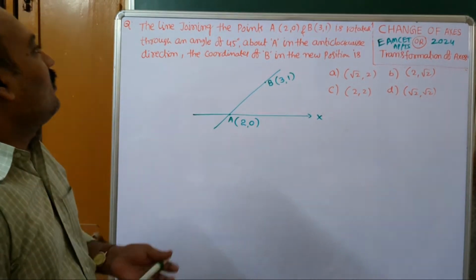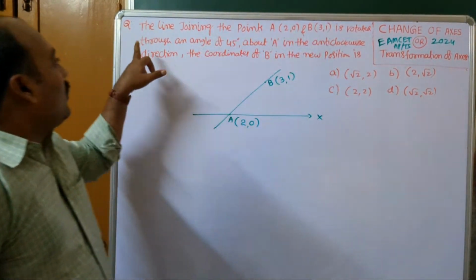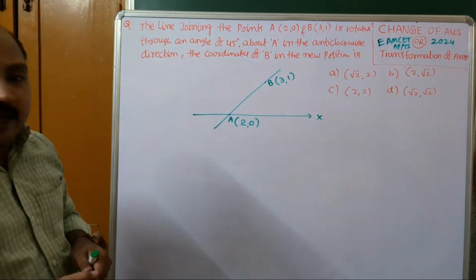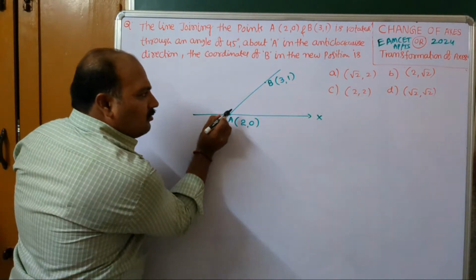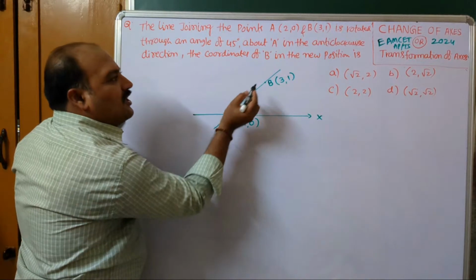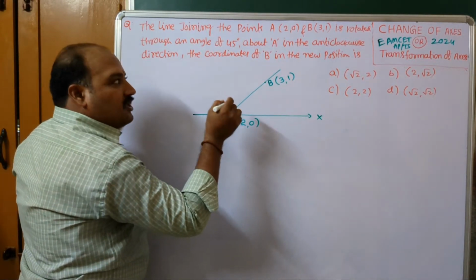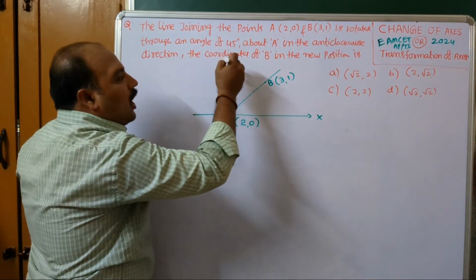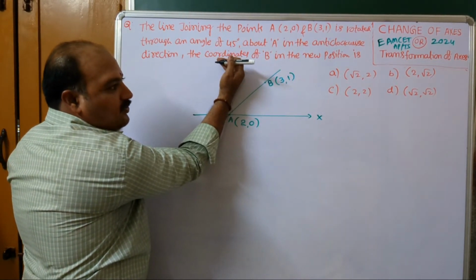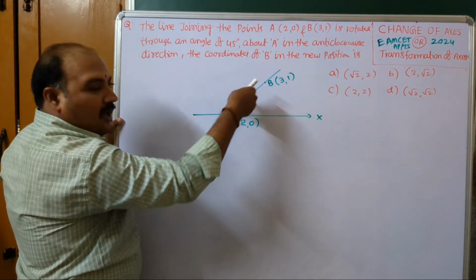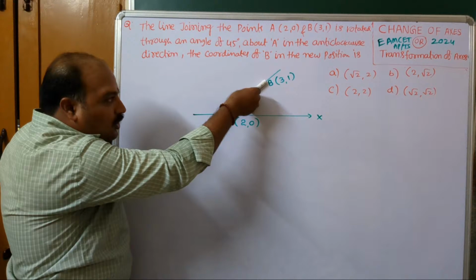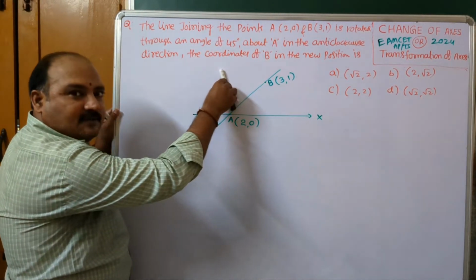It is rotated through an angle of 45 degrees about A. See here, this AB line is rotating by 45 degrees. See how it will be. This AB line will be rotating in this way. Clearly observe that. This line AB is rotating 45 degrees.